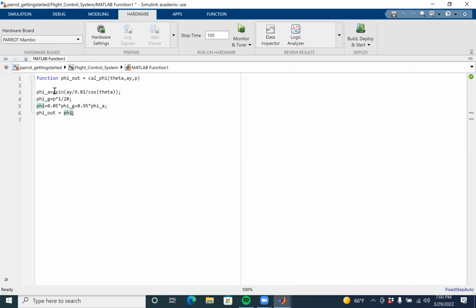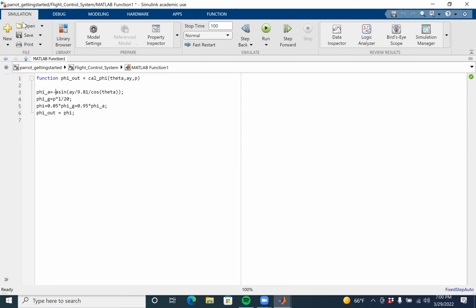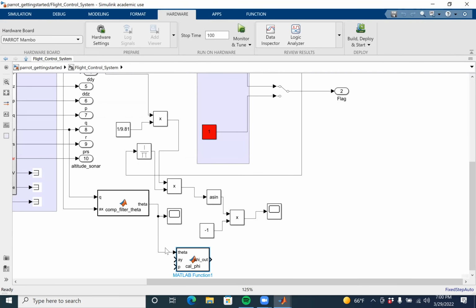And don't forget a negative sign here. And go to flight control system. And now I need to connect AY, which is DDY, and then P.